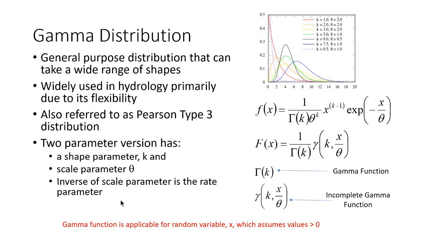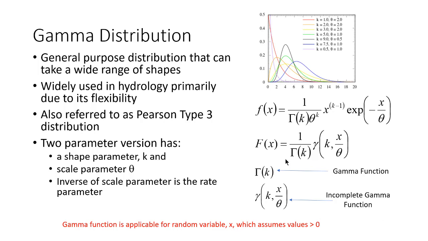Gamma distribution. The gamma distribution is really the workhorse distribution in hydrology. Basically, what gamma does is, these are some complicated formulas. It uses the gamma function and the incomplete gamma function to describe our probability distribution functions. Gamma and incomplete gamma are what we call special functions.